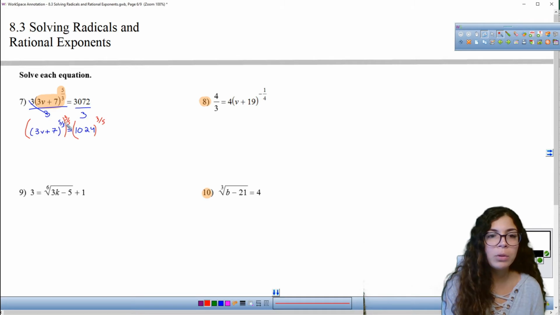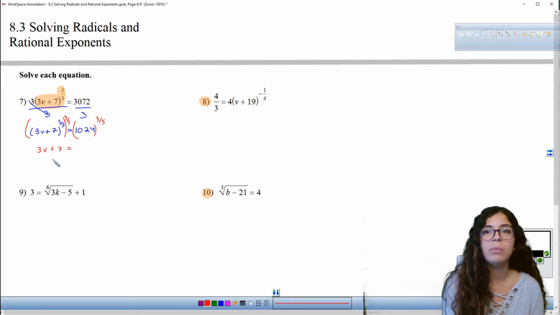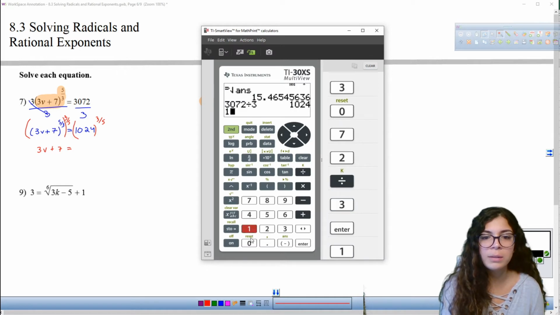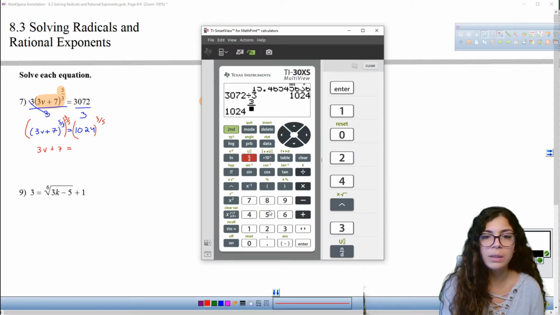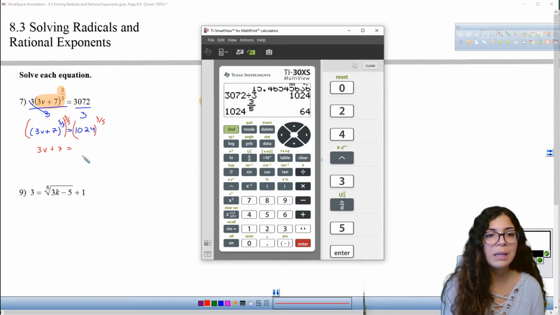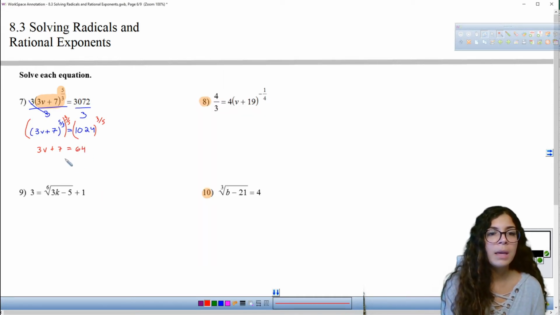Power of a power will multiply, and that will multiply to be 1. So 3v plus 7 to the power of 1 would, of course, just be 3v plus 7. Now, on the right-hand side, I can use my calculator for this. 1024 to the power of 3/5. Hopefully, that's a nice whole number. And it is 64.